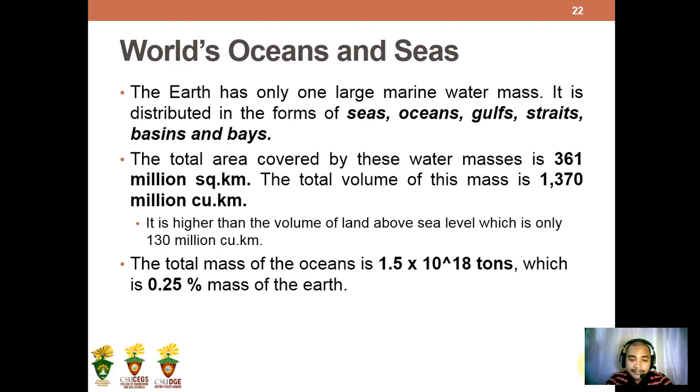The total mass of the ocean is 1.5 times 10 raised to the power of 18 tons, no? Which is approximately 0.25% of the mass of the Earth. So according to this source, 0.25% is the mass of the oceans with respect to the total mass of the Earth.